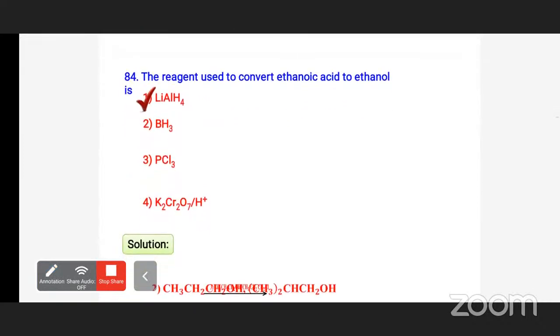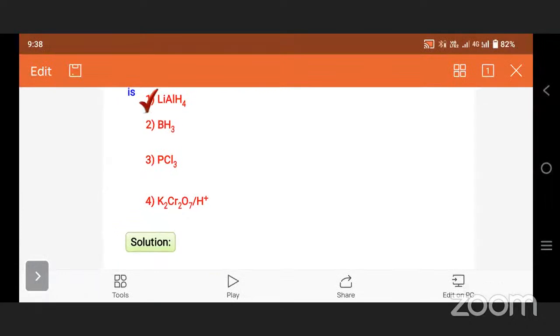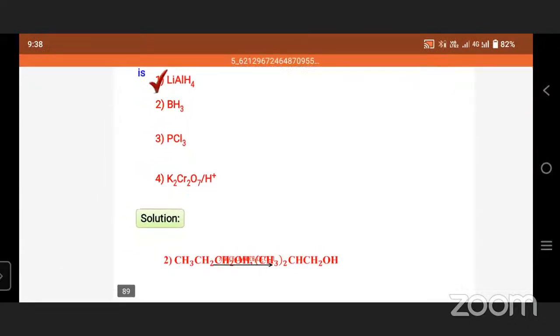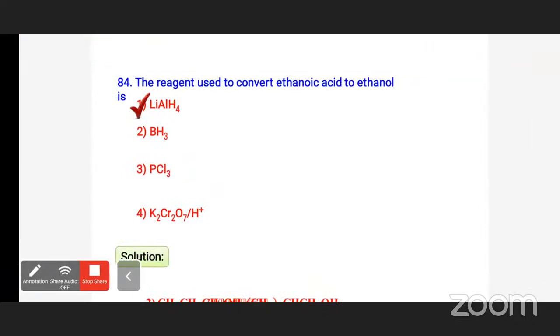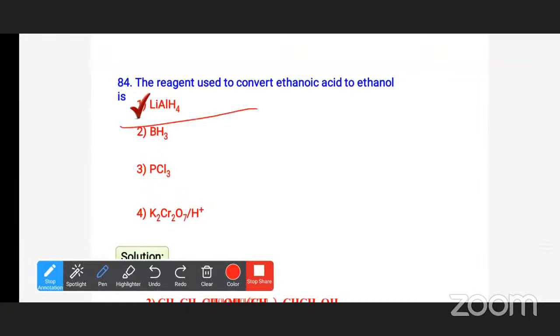The reagent used to convert ethanoic acid to ethanol is: lithium aluminum hydride, borohydride, phosphorus trichloride, or potassium dichromate.